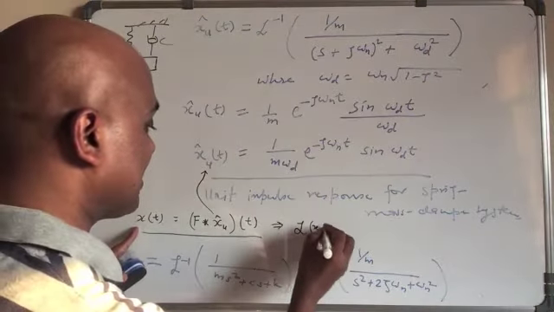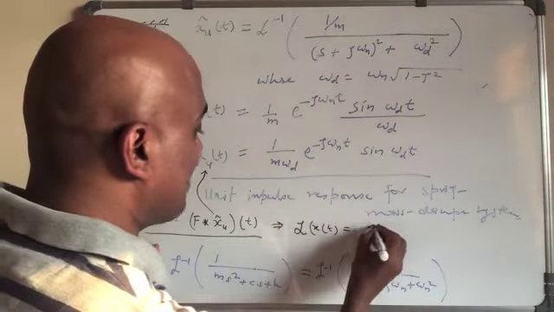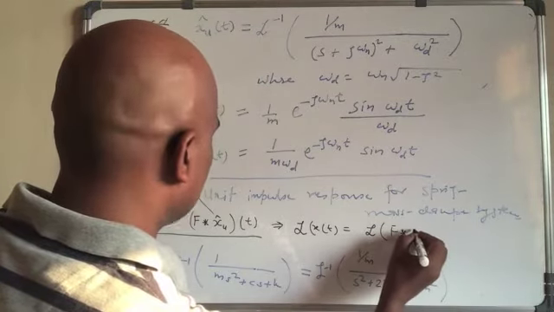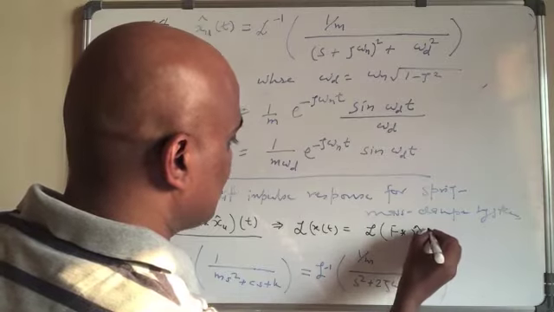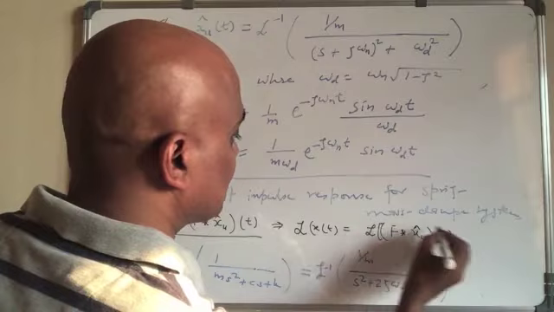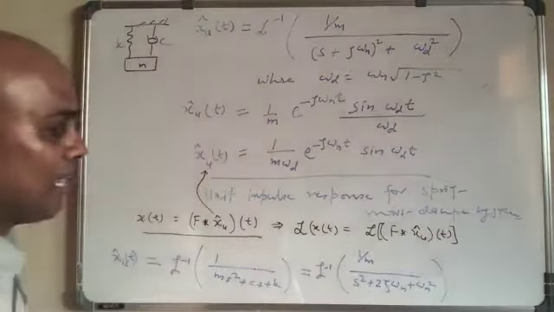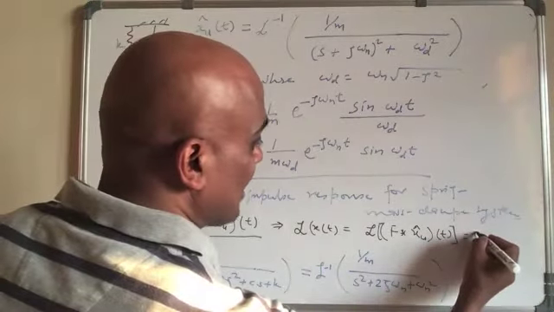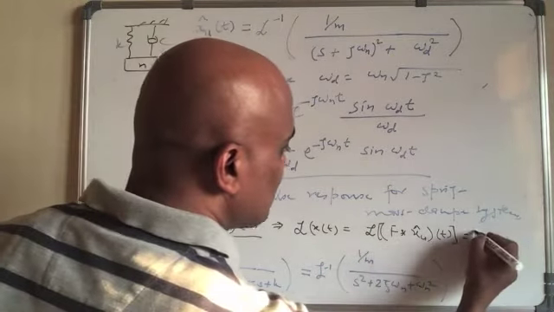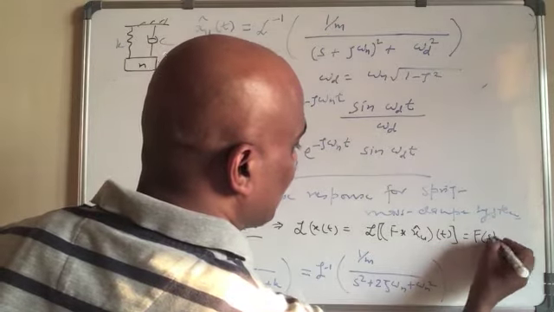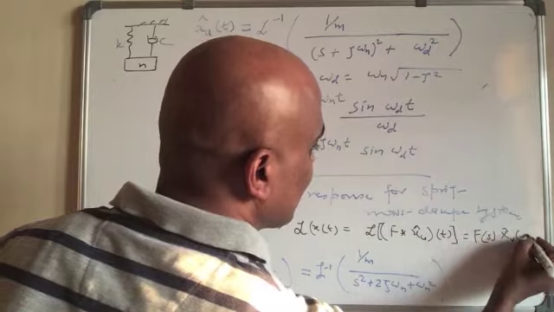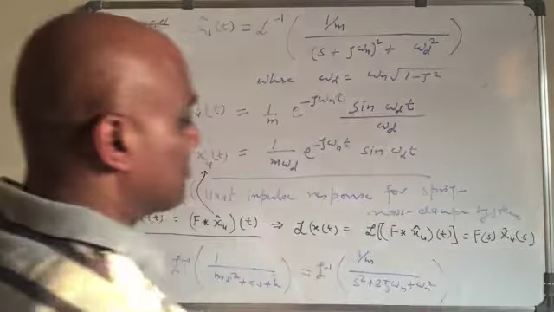X of t is equal to the Laplace transform of f convolved with x hat u of t. Actually, the Laplace of this convolution is very simple: F(s) times x hat u(s), a simple multiplication.